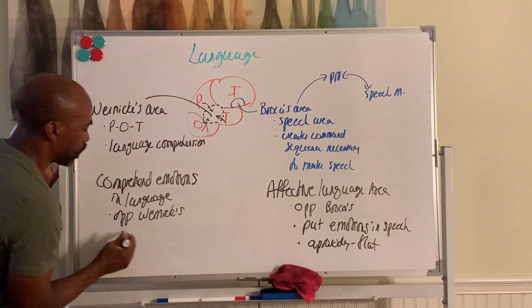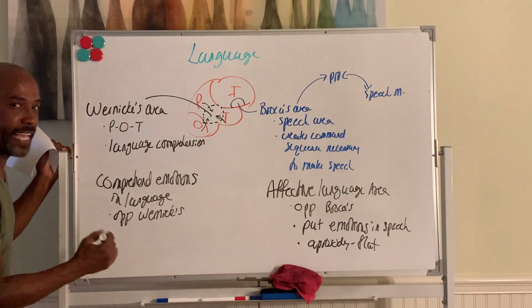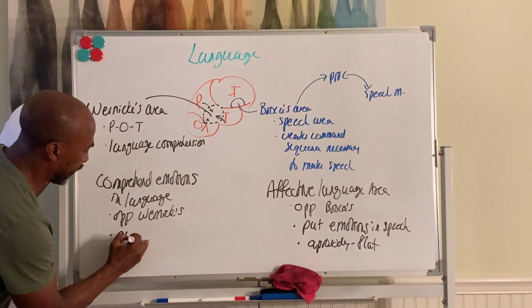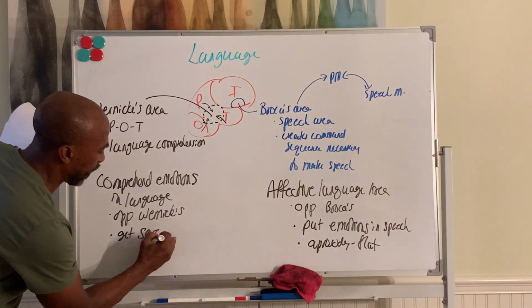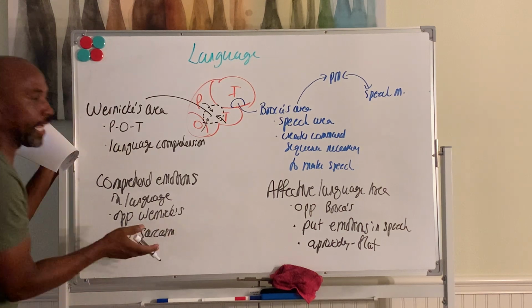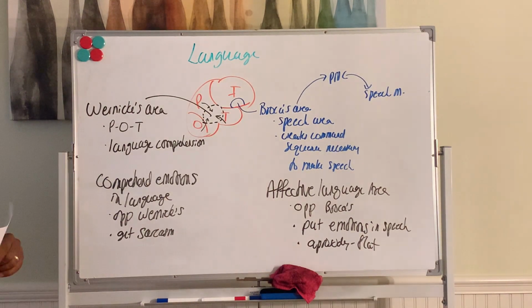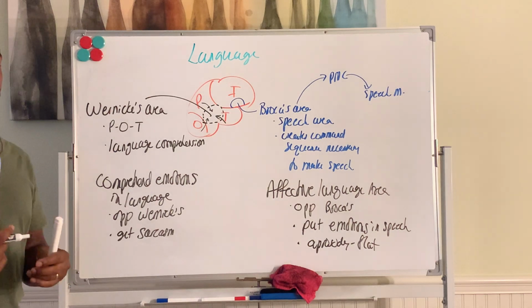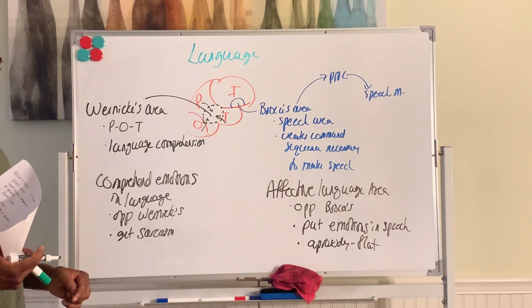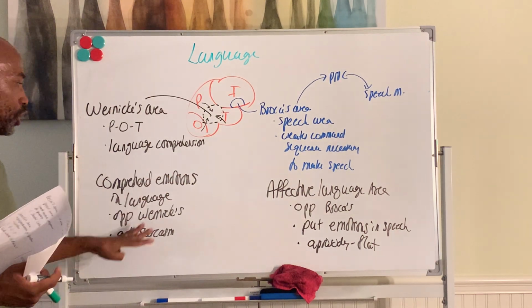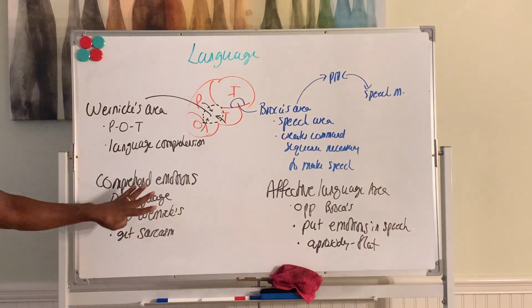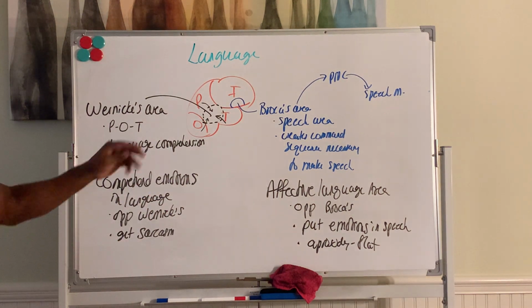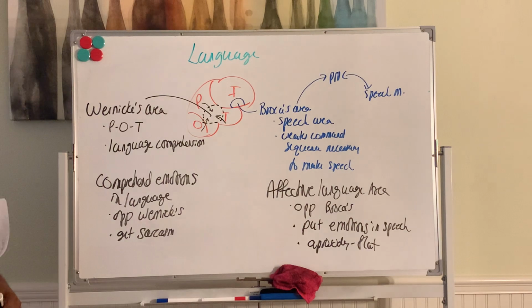So this is the area that we use to get a joke, or to get sarcasm, for example. Those things are language subtleties that you have to pick up. You may learn it culturally, but after a while you recognize it because you have this part there. You can pick up emotions in speech. So don't forget those 4 areas of the cortex and what they do.